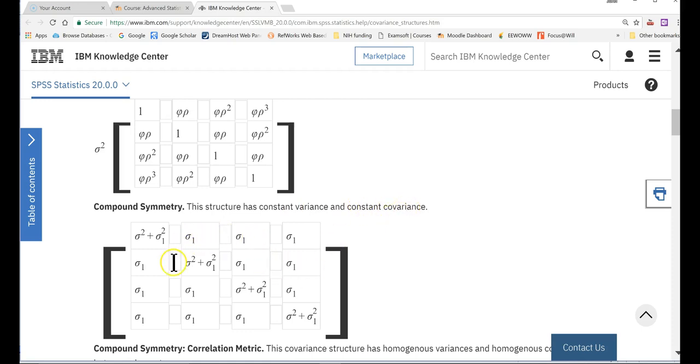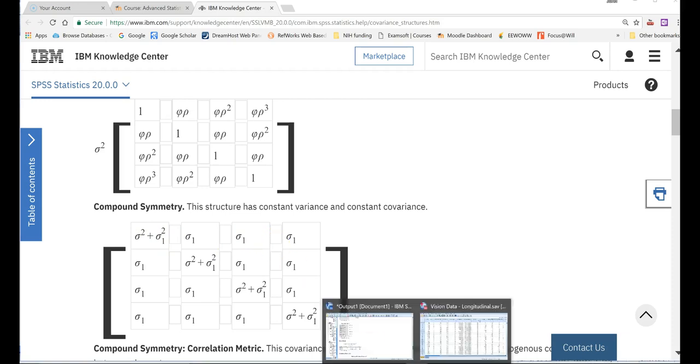So if we look at this model, there's 2 parameters that we're going to estimate in this case. The last time there were 7 because there were 7 different variances. This time there's only 2 because we have 1 here and then this sigma 1 is estimated.